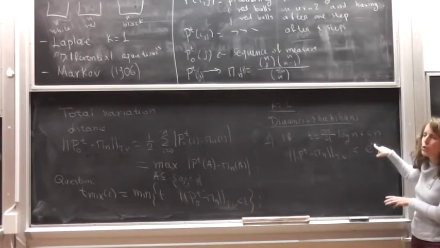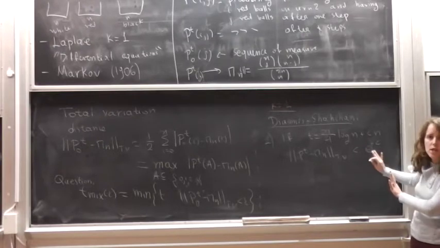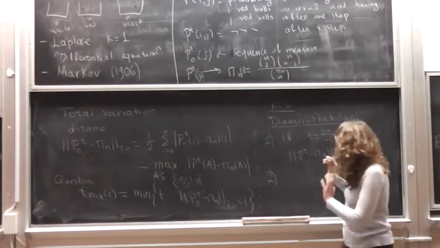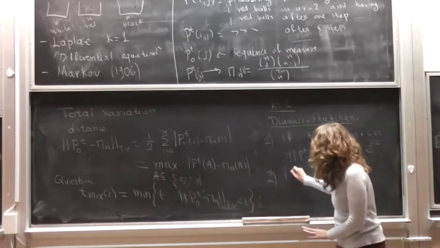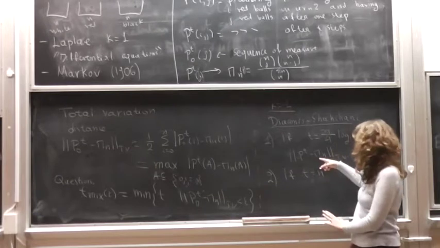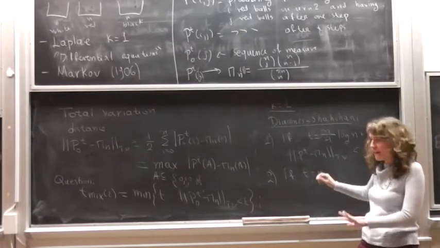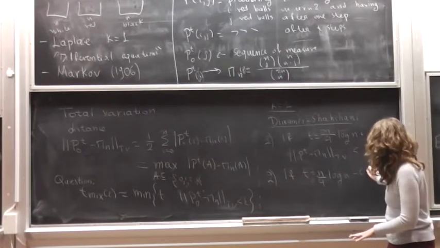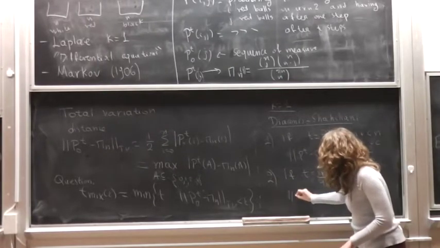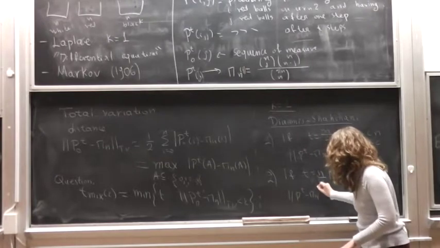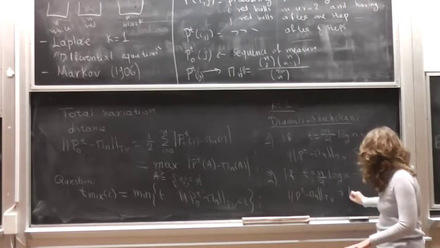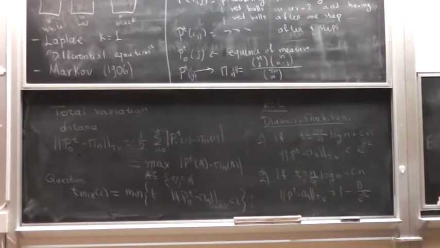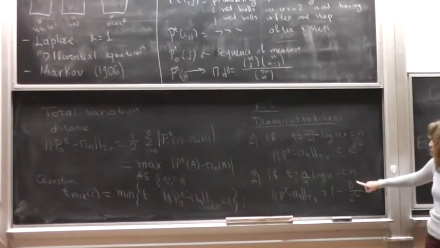Maybe I'm forgetting a 2 here, maybe there is some constant, but I want to say it is exponentially small and we know the constants. And if we take a little bit less, then the total variation distance is really big. Something like this, where they know again what this constant is.